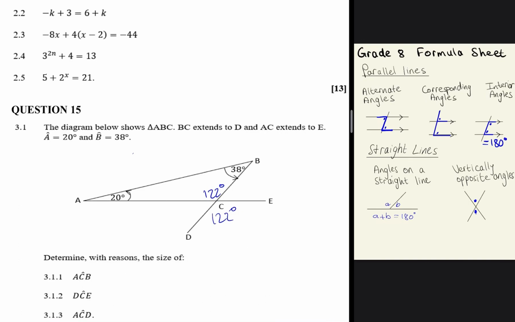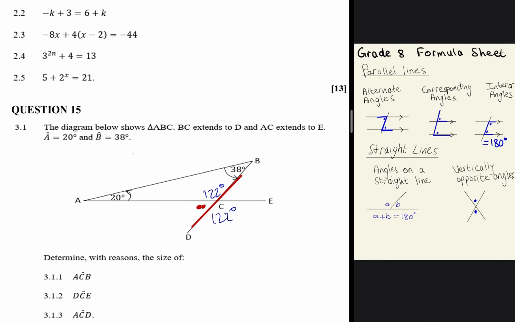Right, let's do the last one. The last one is ACD. Where's this? There's A, there's C, and there's D. That means you're looking at this angle over here. To get that angle, you can see here's a straight line. And remember, the formula says the two angles on a straight line equal 180.